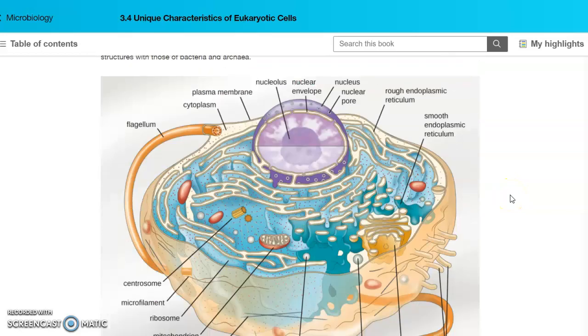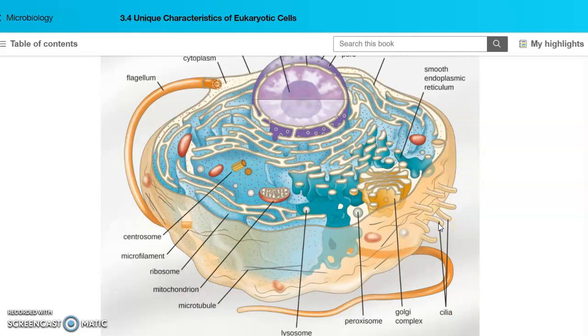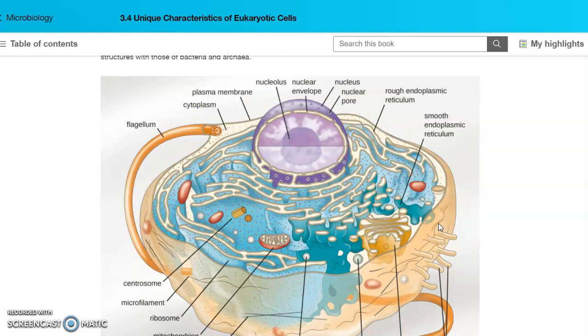So here we have this basic eukaryotic cell, and right away you notice that it is much more complex than the sample bacterial cell, the prokaryotic cell we looked at in the previous video.